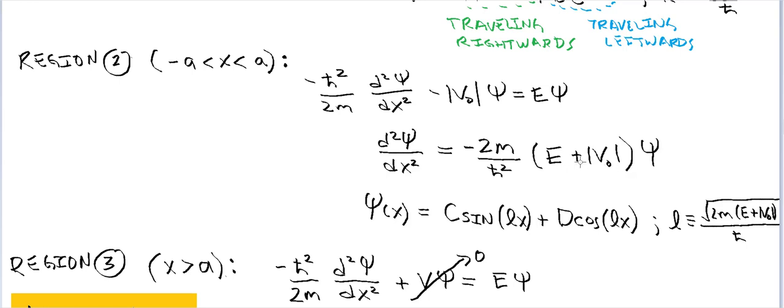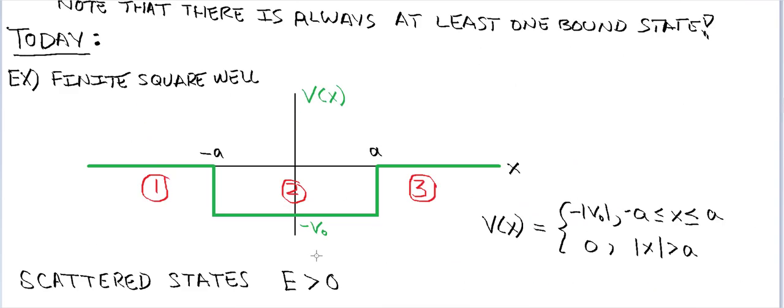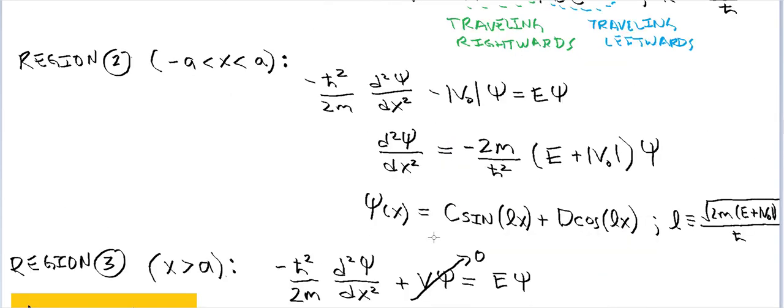E and absolute V naught are obviously both positive because we said that E is greater than 0. And so this is obviously positive, 2m over h bar squared is positive, and a negative times the product of two positive numbers is ultimately negative. And so we have that the second derivative is some negative constant value multiplied by the original function.